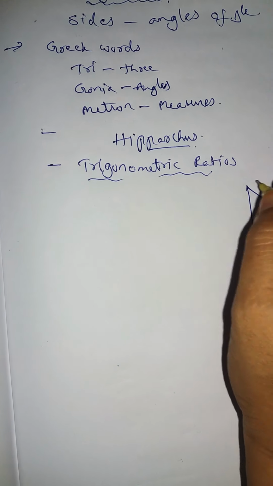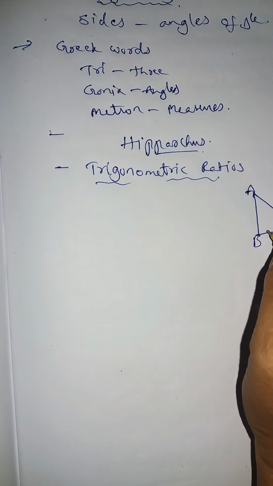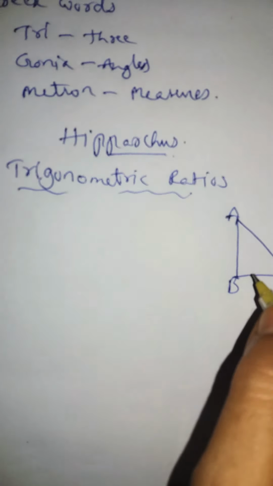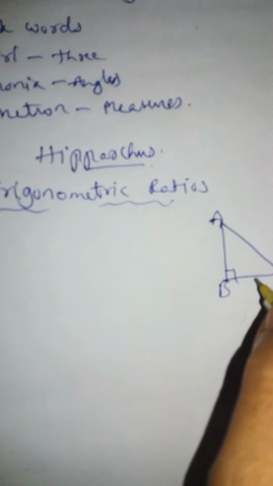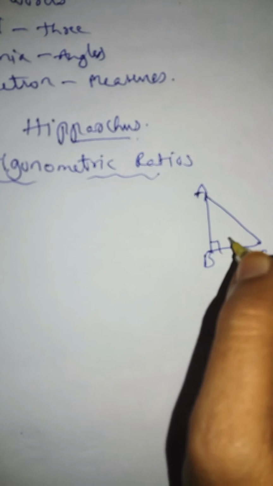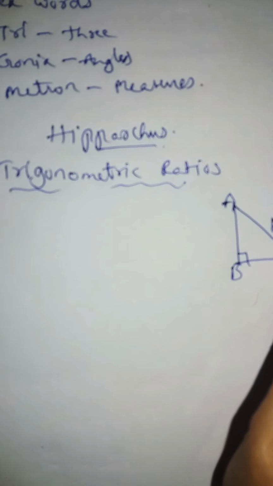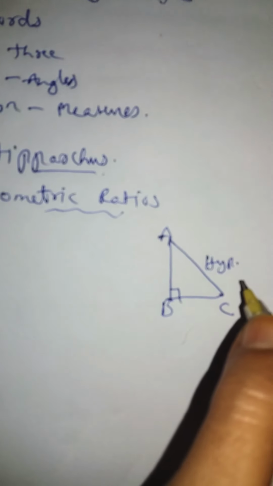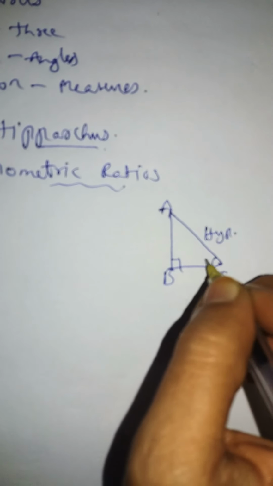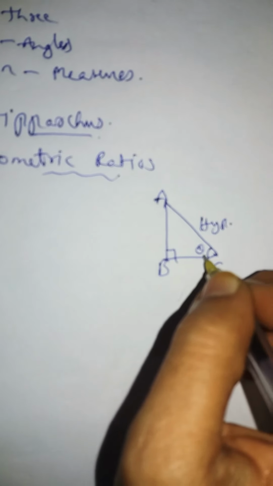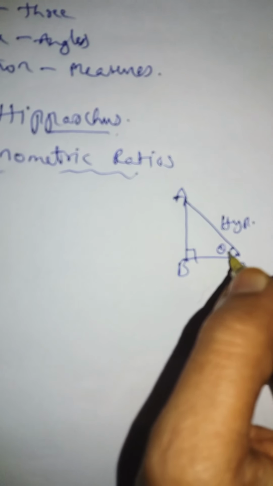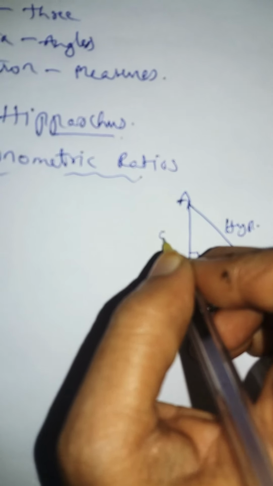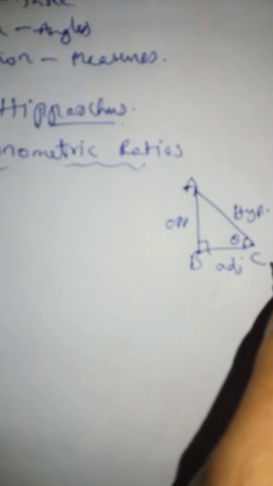Let us take a triangle ABC, with the right angle at point B. We know the side opposite the right angle is called the hypotenuse, which is the longest side of a right angled triangle. Let us take angle theta at point C. Angle C is equal to angle theta. The side opposite to this angle is segment AB, which is called the opposite side, and for theta, segment BC is the adjacent side.